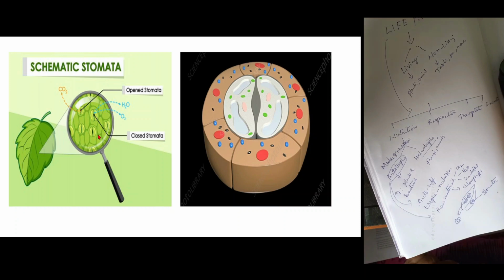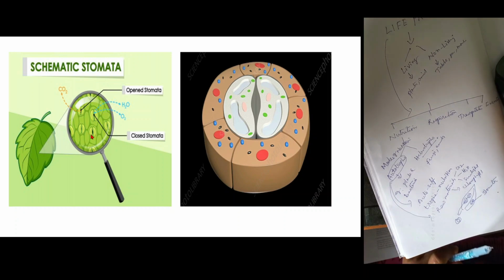These are all the stomata. And see what it is doing? They are taking carbon dioxide from the atmosphere, as we have seen in the previous slide, and water and minerals from the roots of the plant.